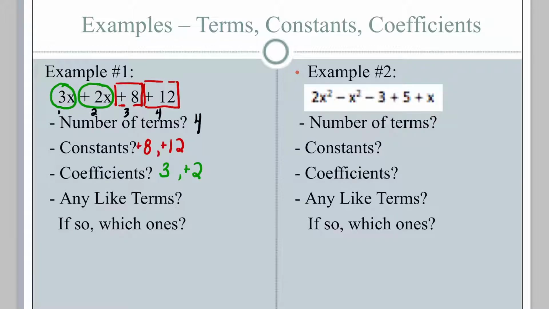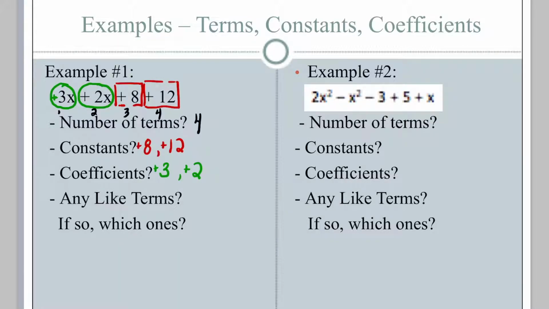Looking at the 3, there isn't an explicit positive or negative in front of it. Therefore, it's an implied positive, so we'll just add the positive there. So we have a positive 3 and a positive 2 as our coefficients.